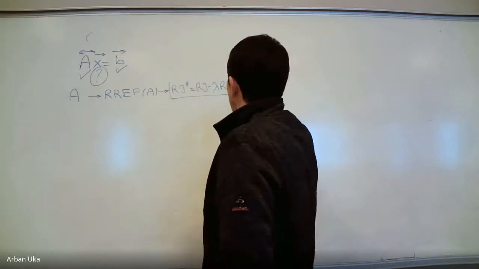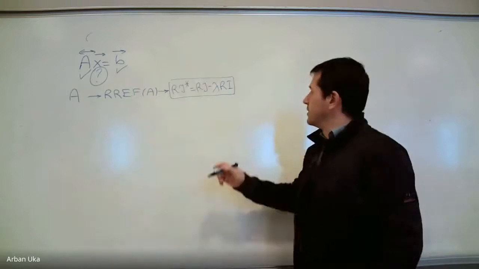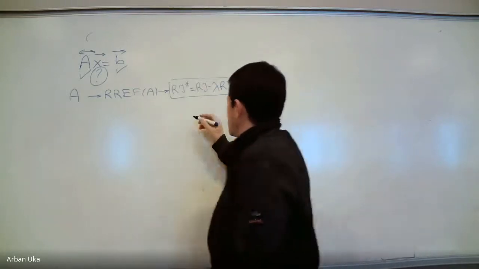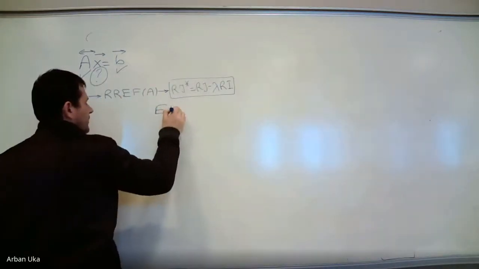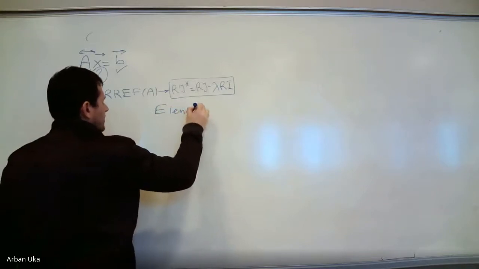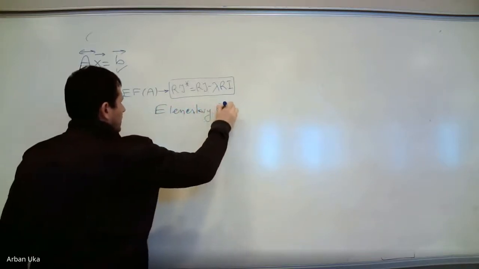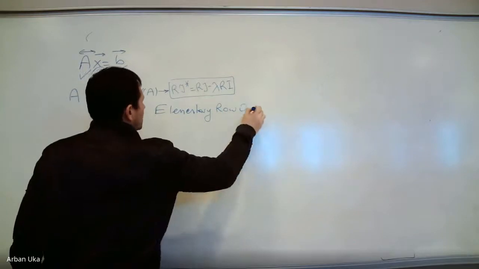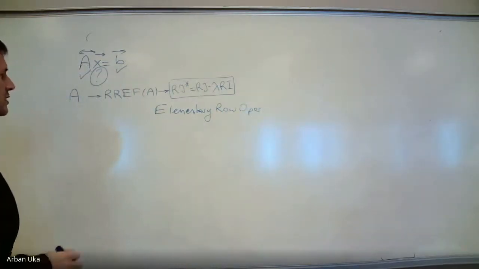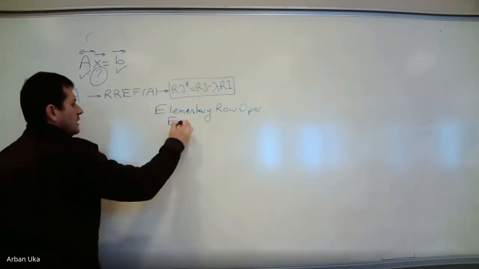So this was an elementary row operation. So let's write it here. So these are called elementary row operations. Let's call this one ERO.